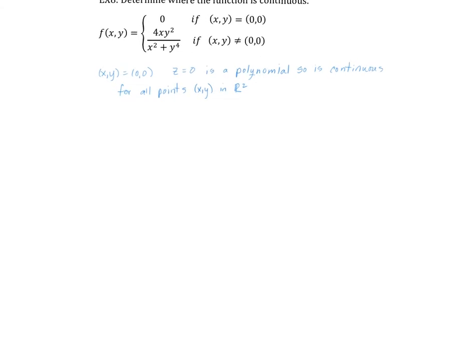So notice that if our point is not equal to 0, 0, then we're looking at z equal to 4xy squared over x squared plus y to the 4th.